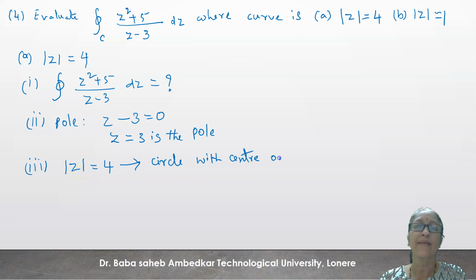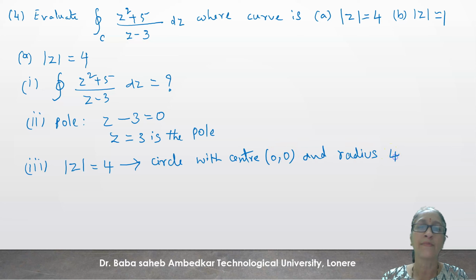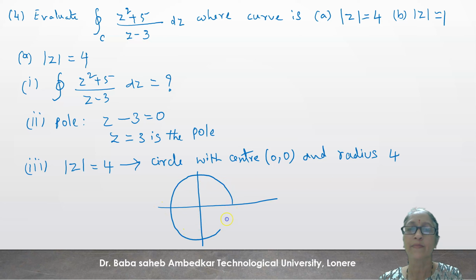With center 0, 0, and the right side number indicates the radius, which is 4. So if you plot this, here this one is 4, radius is 4.